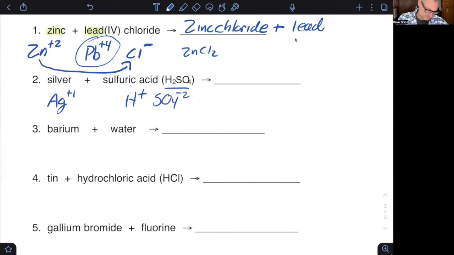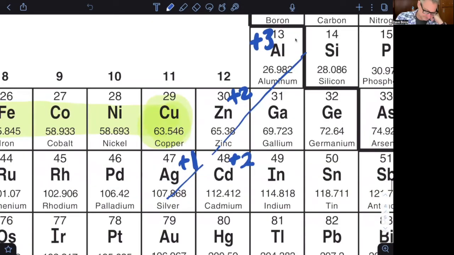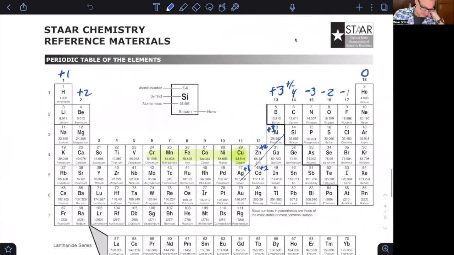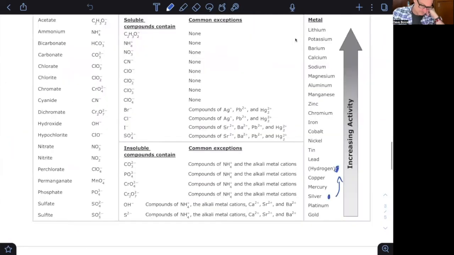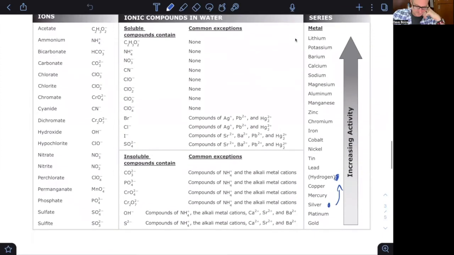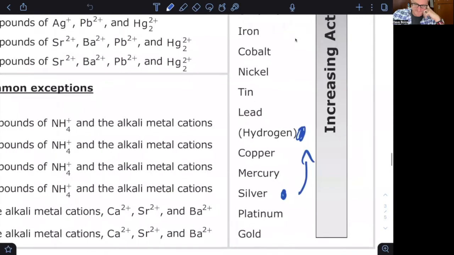So before we do anything, we want to look at our reactivity series and see if silver is strong enough to break up a compound with hydrogen. And here we go. And silver is not.